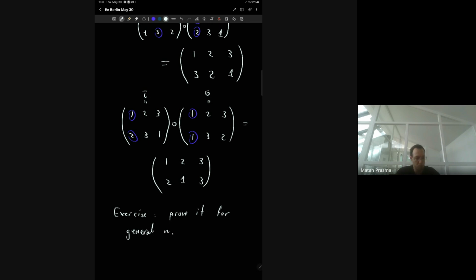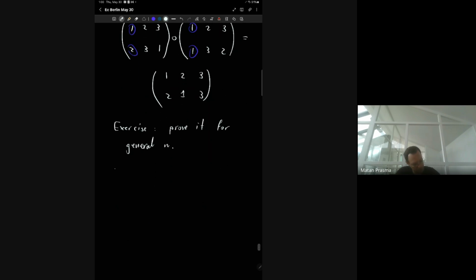For the next example, I need a definition. At the moment, it's a notation. Let FP be the set 0 up to P minus 1.